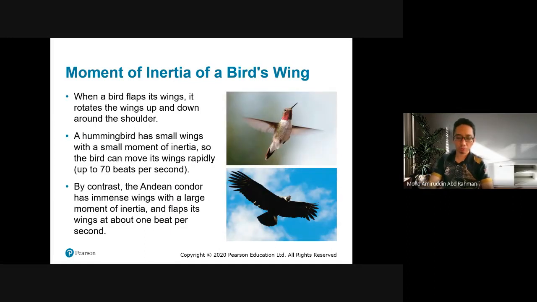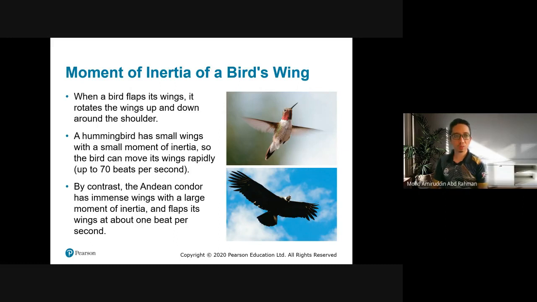Okay, so in the real world, we have the moment of inertia in the bird's wing. When the bird flaps its wings, it rotates the wings up and down at the shoulder. A hummingbird has small wings with a small moment of inertia, so the bird can move its wings rapidly, at 70 beats per second.